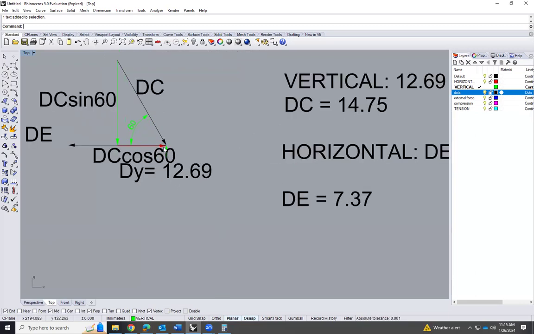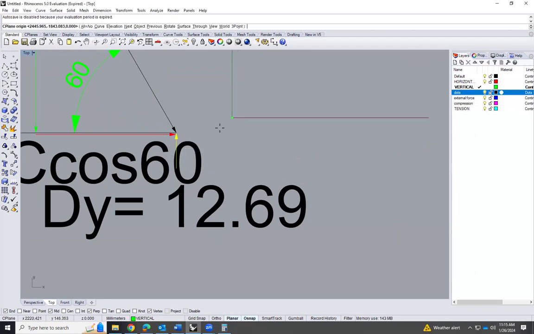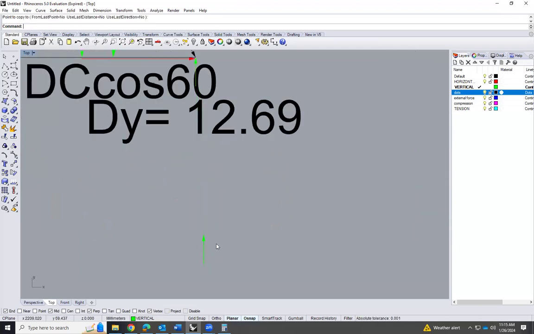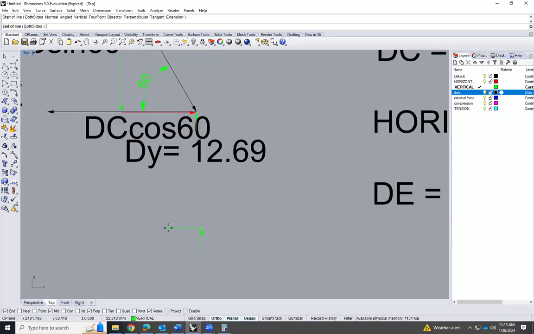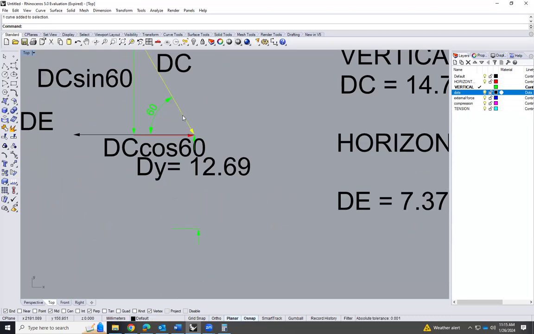As always, we can do this graphically. So if I select this curve, and copy this thing here, then I have a horizontal line going this way, and then I have this tilted line going this way.